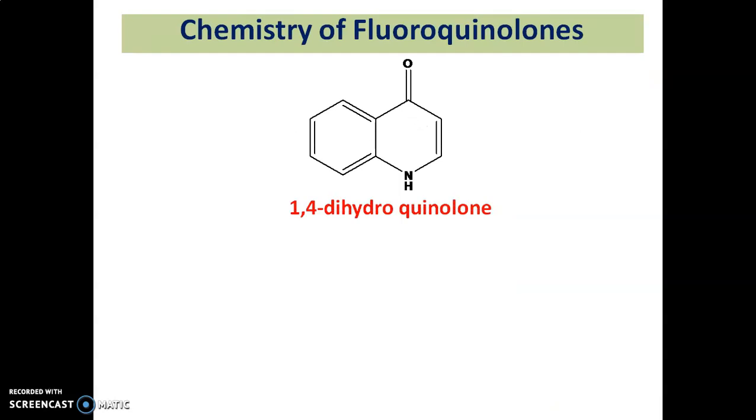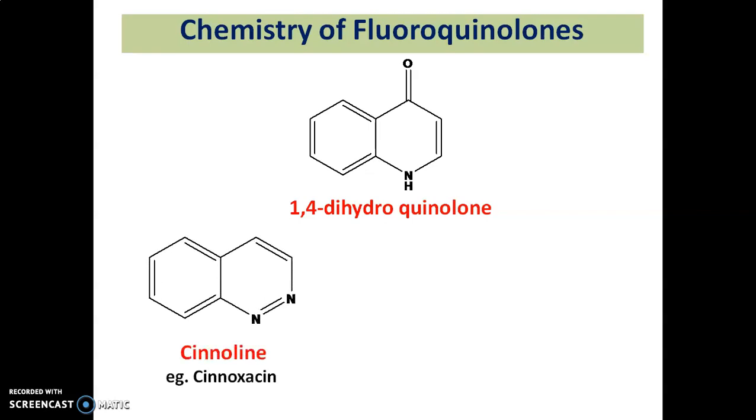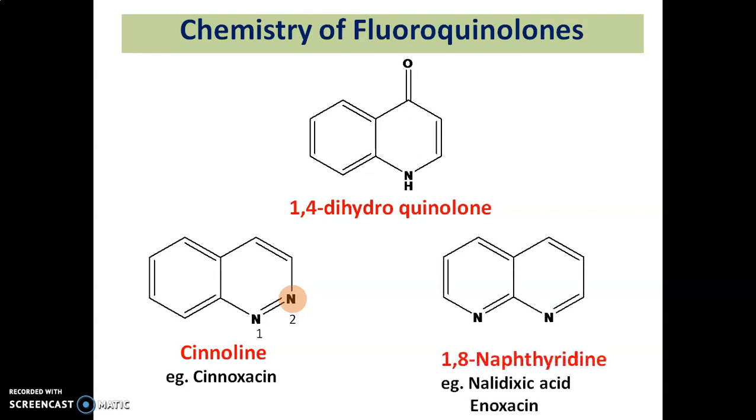Most of the fluoroquinolones contain 1,4-dihydroquinolone ring, whereas some of the drugs contain cinnoline ring, which contains nitrogen atom at 1 and 2 position. Example is cinoxacin. Whereas some of the drugs contain 1,8-naphthyridine ring, which means it is containing nitrogen atom at 1 and 8 position.